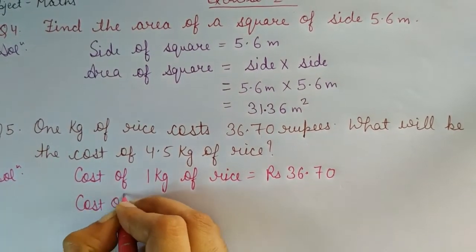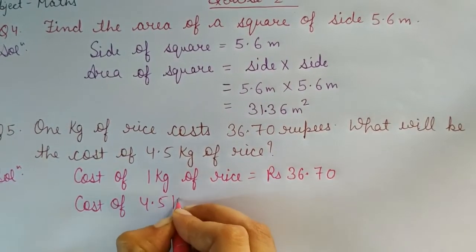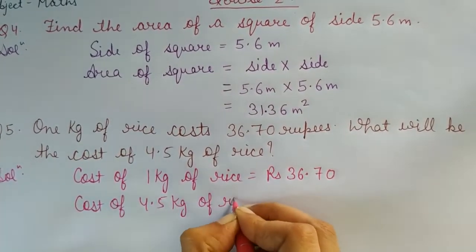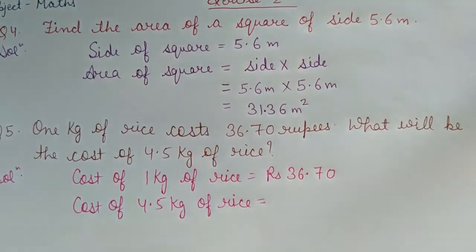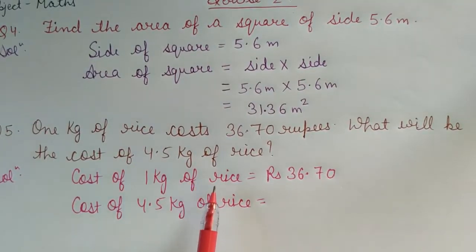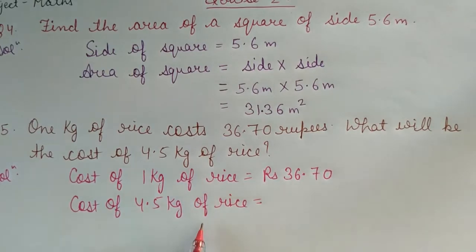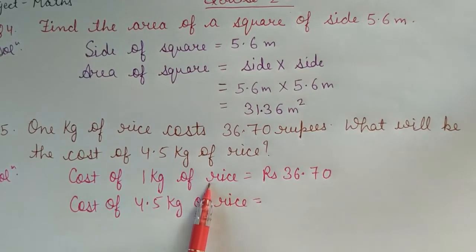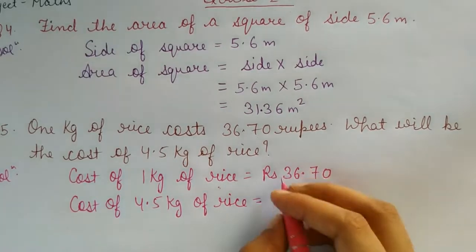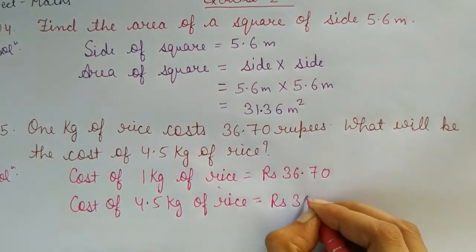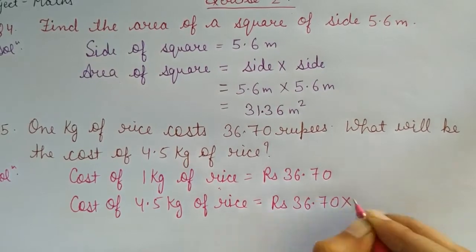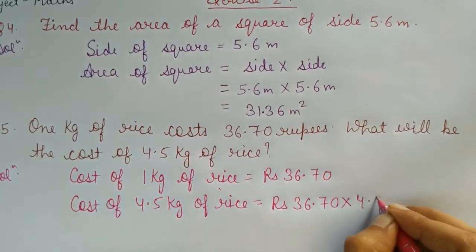As I told you already yesterday also, if we are given the cost of one item and we are going to find the cost of many items, we will multiply. Here also we are given the cost of one item and we are going to find the cost of many items. So we will multiply this rupees 36.70 with this 4.5.